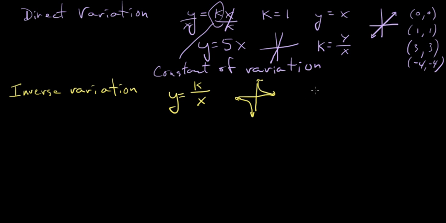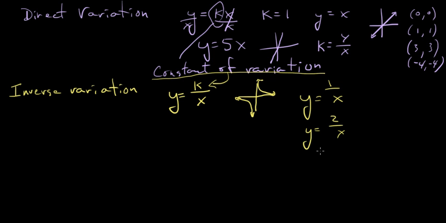Now the k is still your constant of variation, because that's still a constant. Like you have y equals 1 over x, y equals 2 over x, y equals 4 over x. Your k is not going to change. Your x and y vary, but k stays the same.